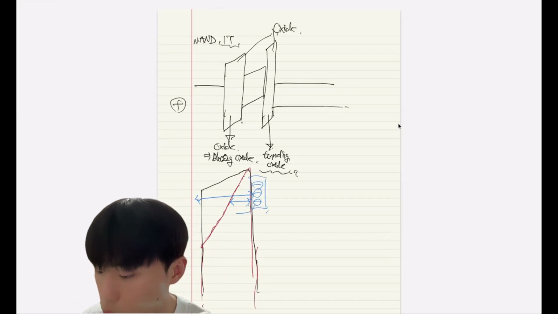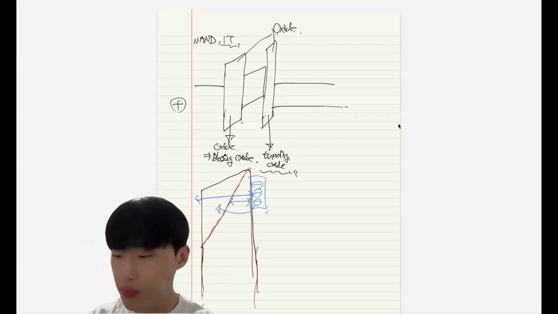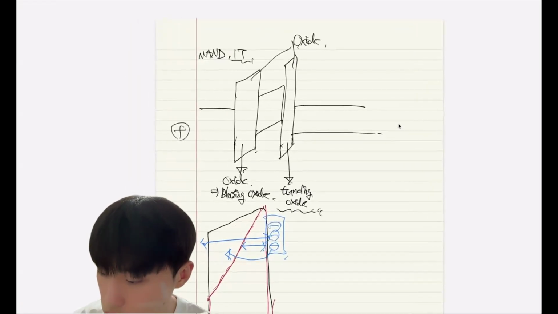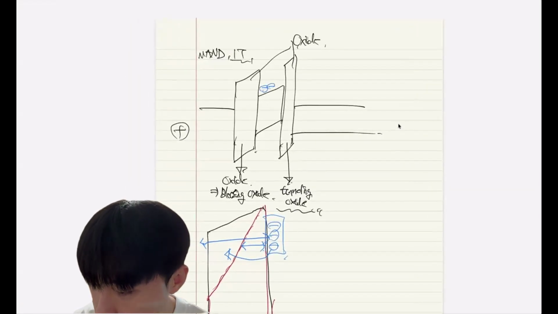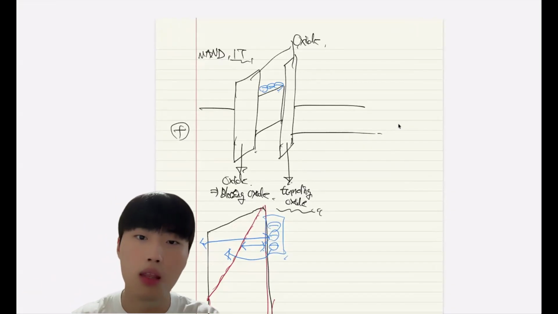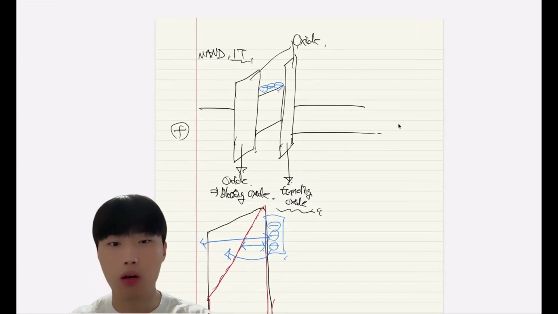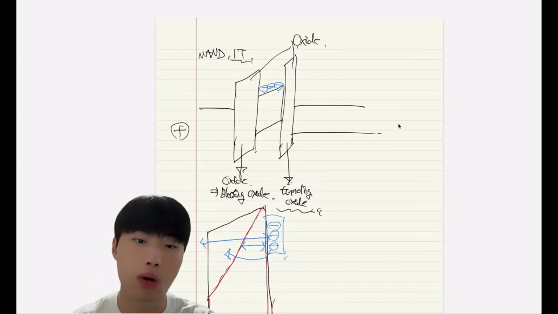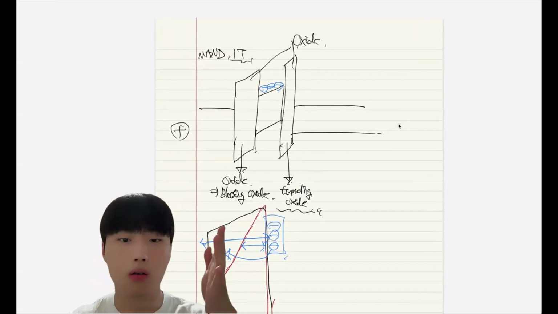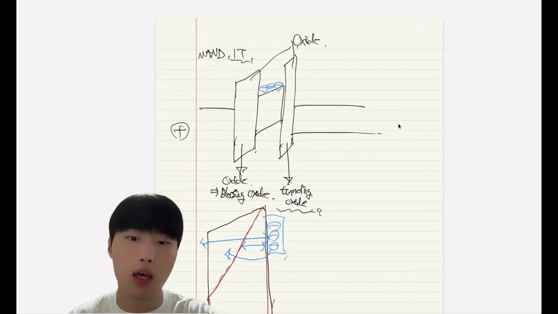So the carrier can go through the oxide by tunneling. So the carriers will go here. But the blocking oxide is very thick, so they cannot go through the blocking oxide. That is the reason why we call it the blocking oxide and the tunneling oxide. So we make the blocking oxide very thick and the tunneling oxide very thin.